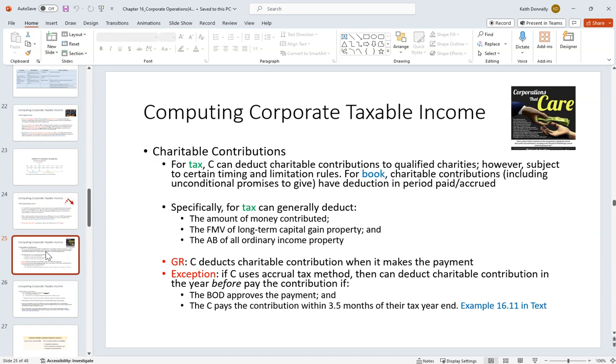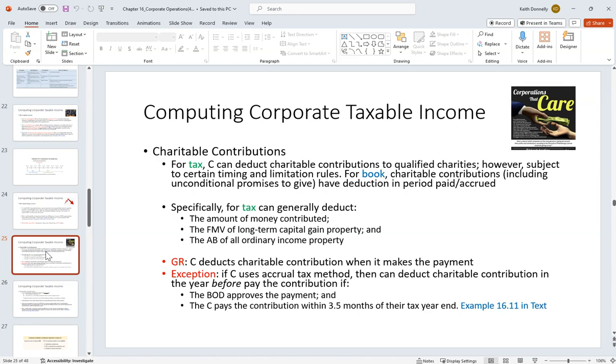Now, the first way a difference arises potentially is a timing difference. As a general rule, a corporation for tax purposes is going to take a deduction for charitable contributions when they make the payment.